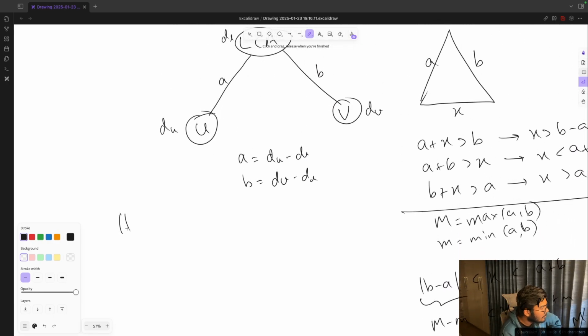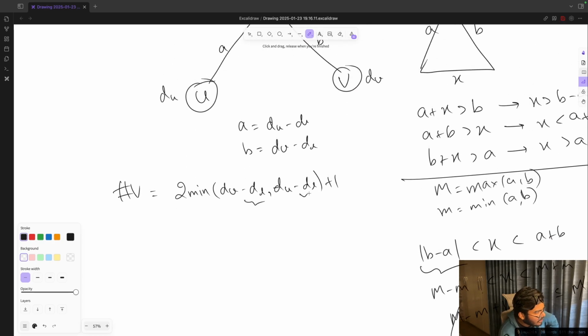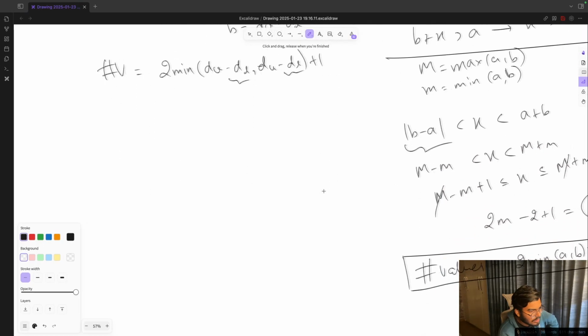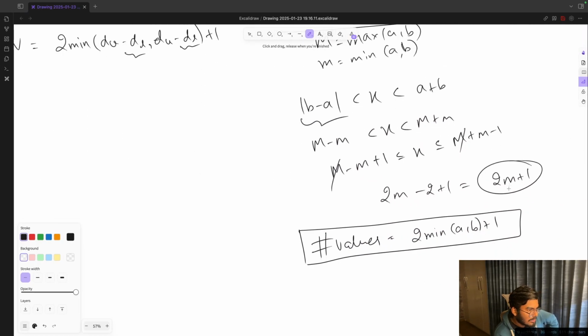The number of values, let's call it count V, is equal to 2 times the minimum of dv minus dl comma du minus dl, minus 1. And since this is common, you can take it out. Was it plus 1 or minus 1? I think it should be minus 1, not plus 1. I think I made a mistake here. Sorry about that.